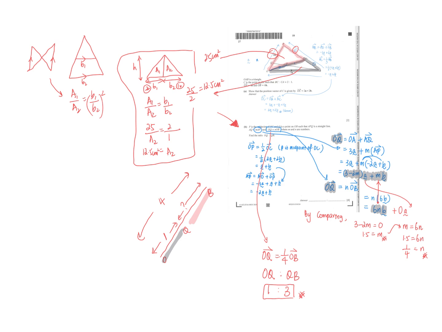Okay? So these 2 types, you square the ratio of the height or the base. But triangles with common height, you don't square. Okay, so these are similar triangles. Okay, let's move on to the next one.